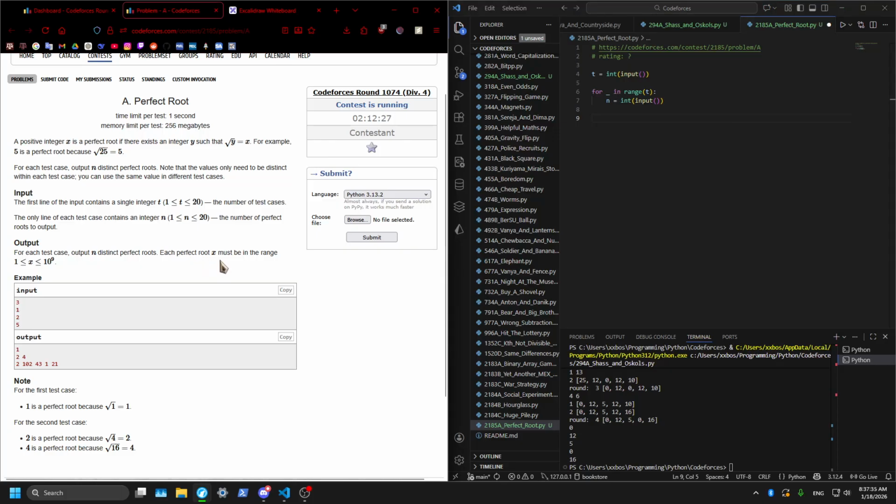So what does this want me to do? Take in one and find its perfect roots. So just one. The second test case. What does this mean?